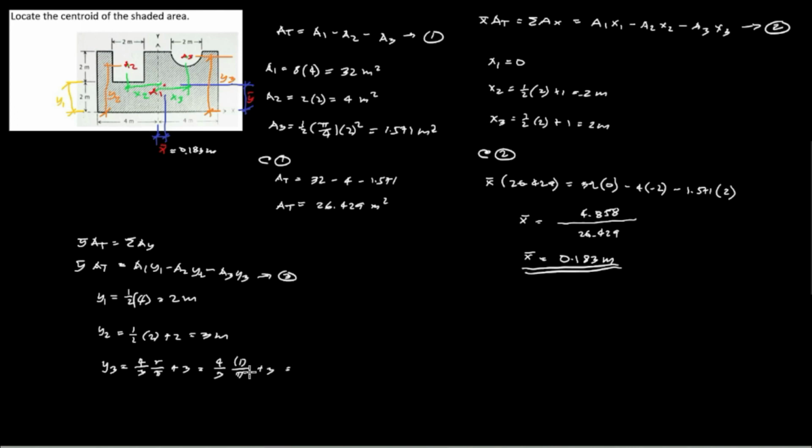And y sub 3, so 4 times 1 all over 3 pi plus 3 is equivalent to 3.575 meter.